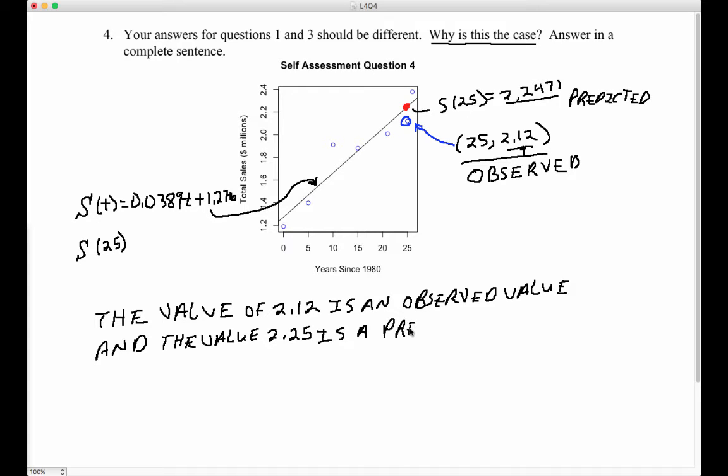In other words, it comes from the regression equation. So a predicted value from the regression equation.